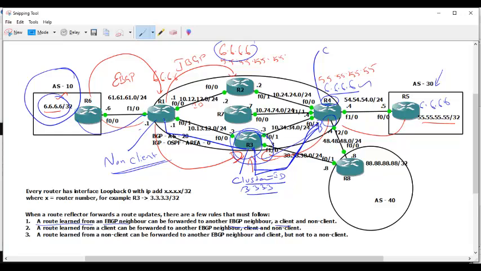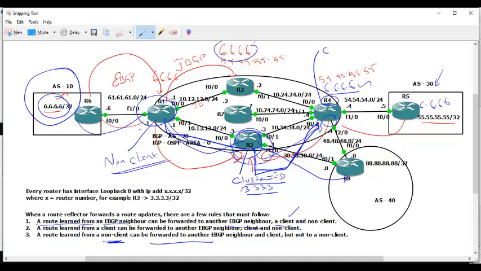It is given to a client. Okay, this is the point you should see. Third point. Is R1 a non-client or client? Answer, non-client. Now see the third point. A route learned from a non-client can be forwarded to eBGP. So it will be sent to R8. R8 and R3 is eBGP, right?